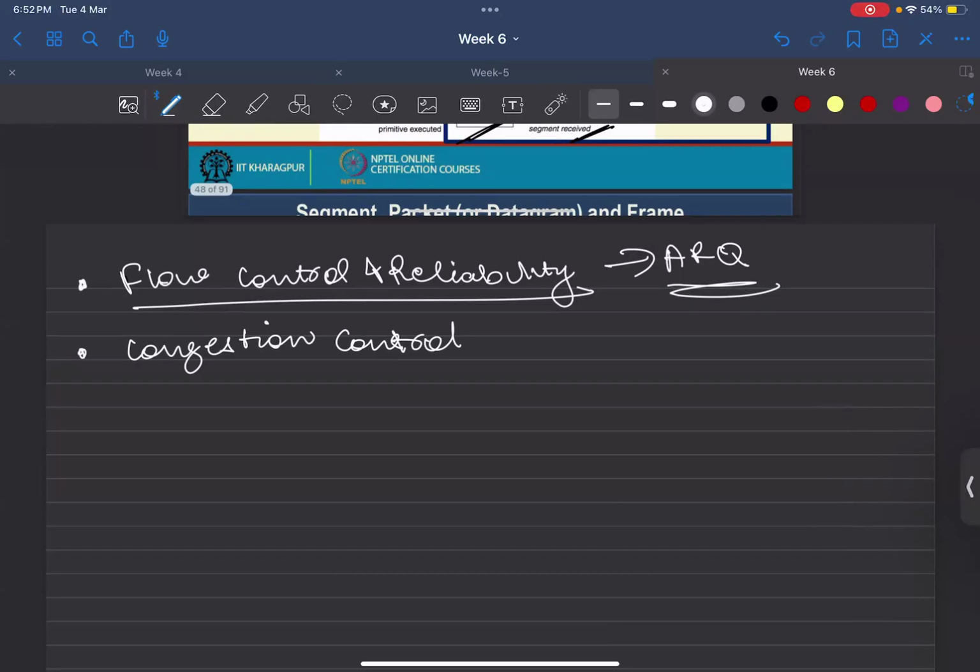Some numericals also we have done. The sender will not send data more than the receiver rate. And we have also studied the sequence numbers. Then the congestion control, that is the AIMD thing, which we have done here. We go exponentially, then we increase additively, and then we drop multiplicatively. That is what we have done here also.